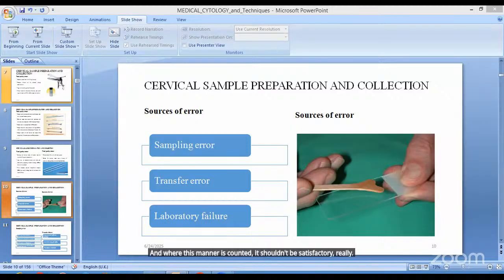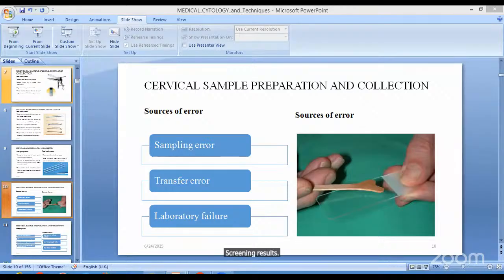There must be cellular components. The sample must be rich in cells, squamous cells, then glandular cells. When sample is bloody, or the cells are traumatized, or the smear is full of inflammatory cells, they are not satisfactory and will not give us optimized screening result.